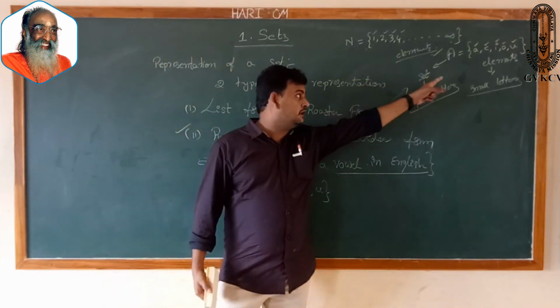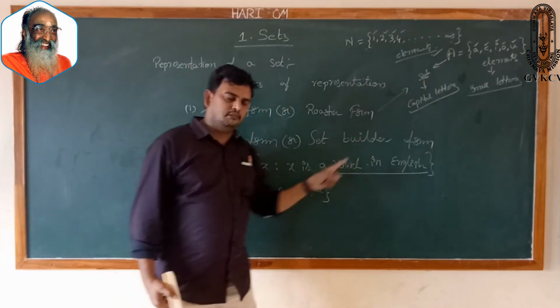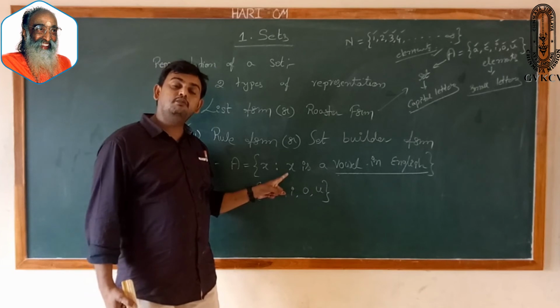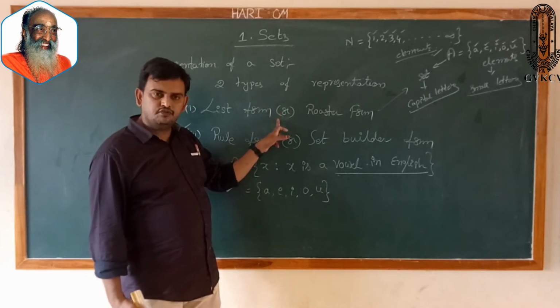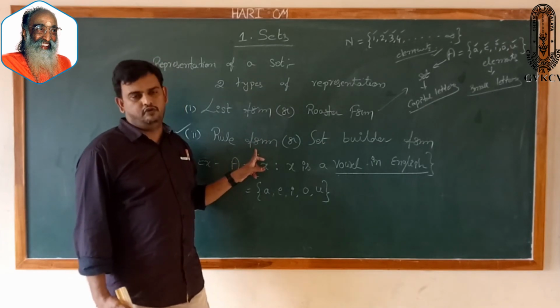Here physically we are able to see the elements, but here we are unable to see the elements. That is the difference between list form and rule form.